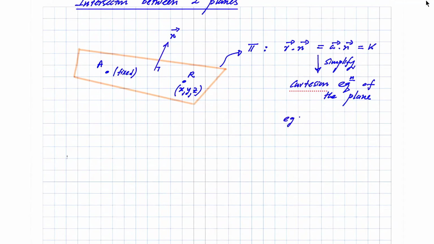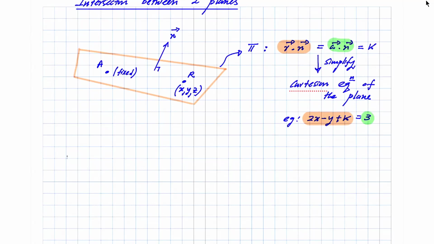Example can be 2x minus y plus z is equal to 3. So you have to understand this part you get from here, and this part you get from here.